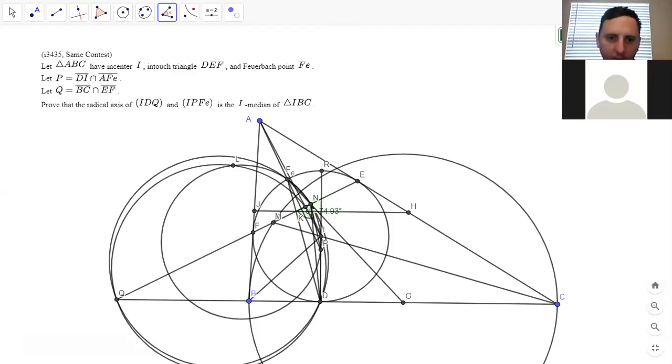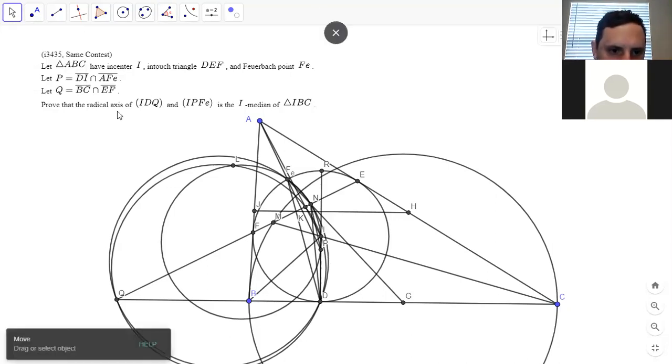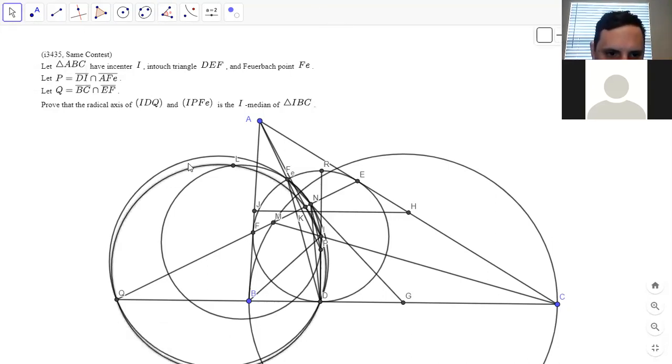Yeah, FNP equals ENG, basically, is what we want to show. But FNP is QNP. This is where I think we use that circle. FNP, never mind.